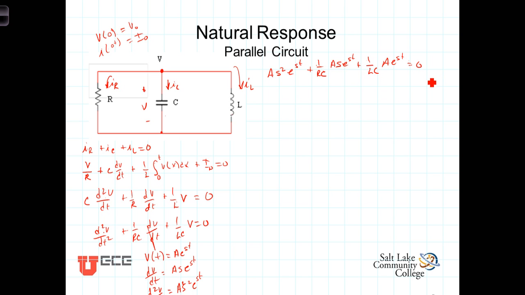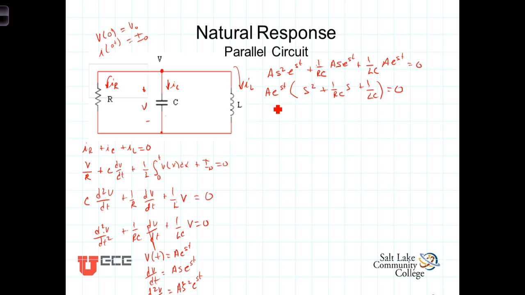Now you'll notice that each of these terms has an A e to the st term in common. Let's factor that out: A e to the st, which leaves s squared plus 1 over RC s plus 1 over LC equals 0. Here we have two terms multiplied together that must equal 0.